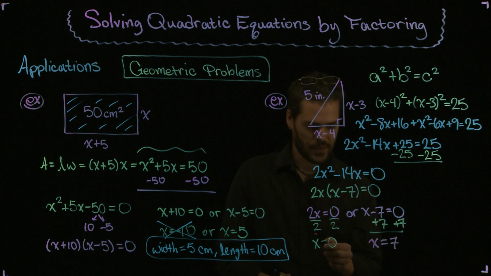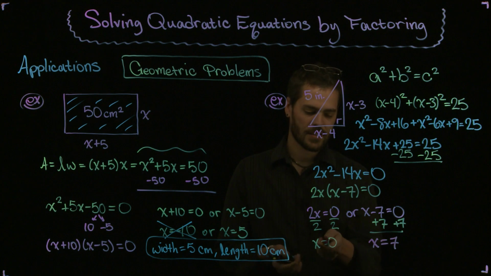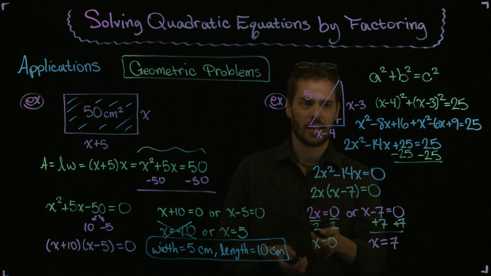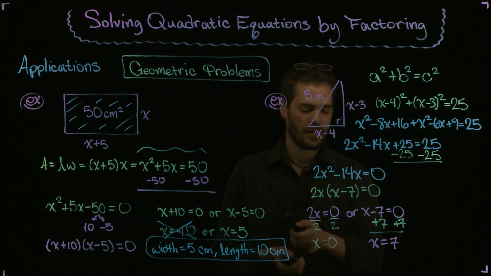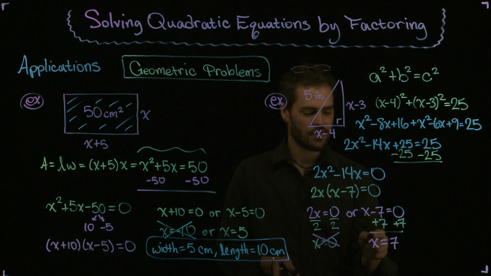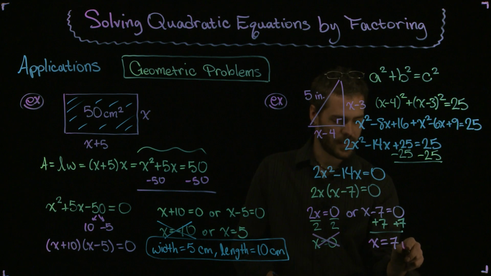And I need to ask myself just a physical check, a dimensional check for this problem. x equals 0 doesn't quite make sense, because if I put a 0 here, that means this bottom length is negative. The same thing with the height. So this one, x equals 0, is extraneous. The physical solution must be x equals 7, and since we had inches over here, we're talking about inches, but that's just for the x.